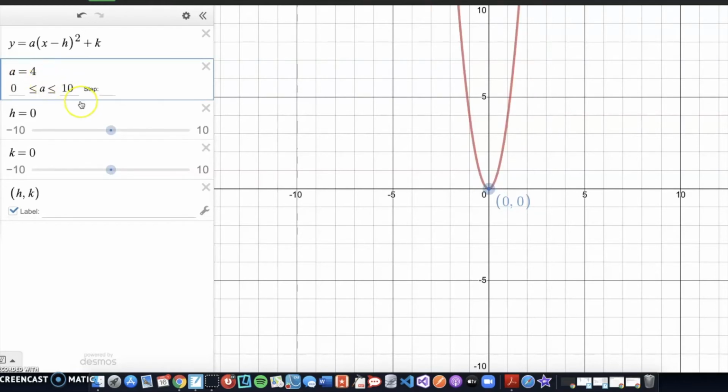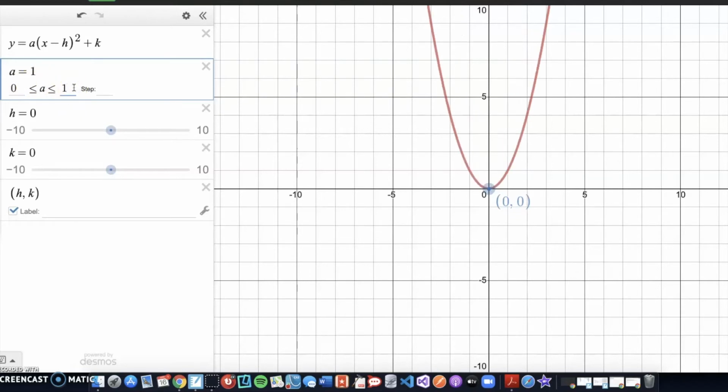Notice how that is now skinnier than my original parent function. So what if I changed this to between 0 and 1? Well, what does that mean? That means that my A value would have to be a fraction less than 1.